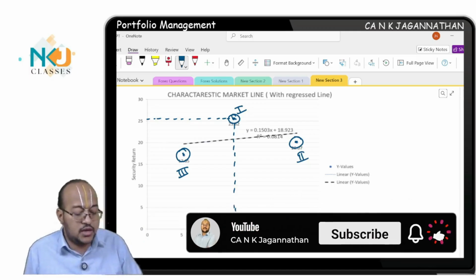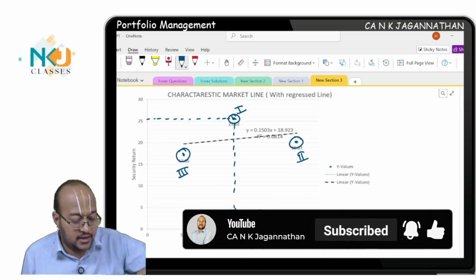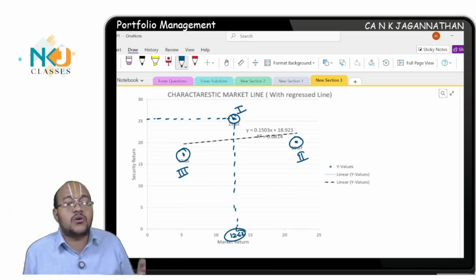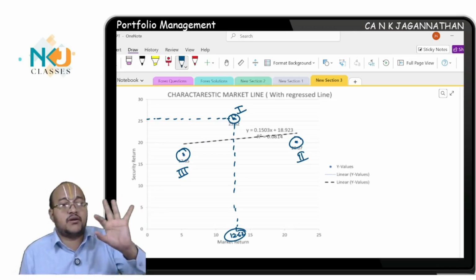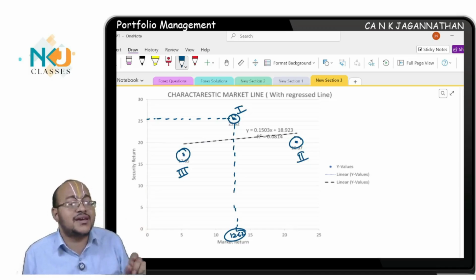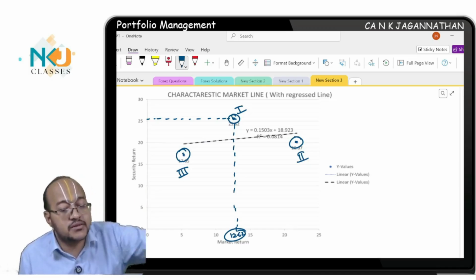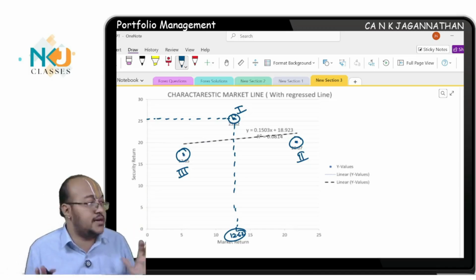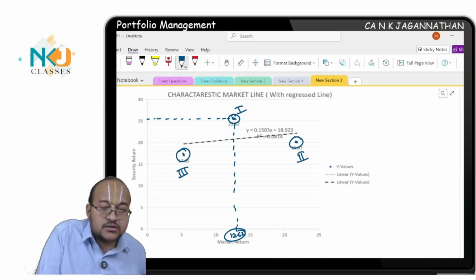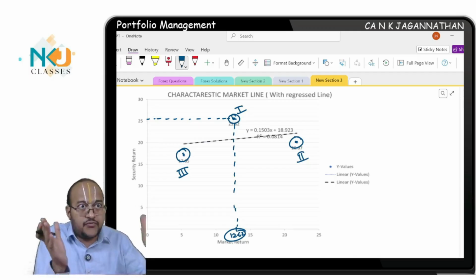Since it is not a linear line, what we are trying to find out under the regression model is a line of best fit, which is the regressed line, which means the average line. Now see, I can draw a line in between these three numbers which can form a mean line.